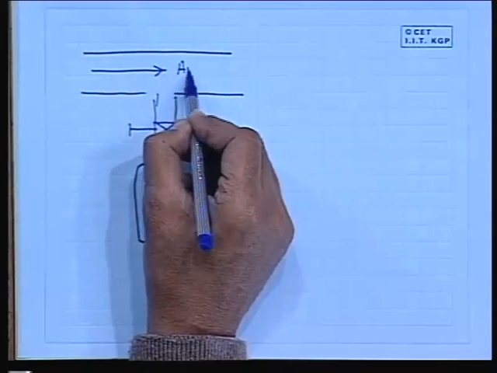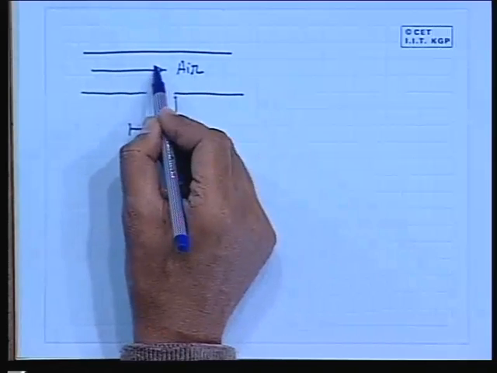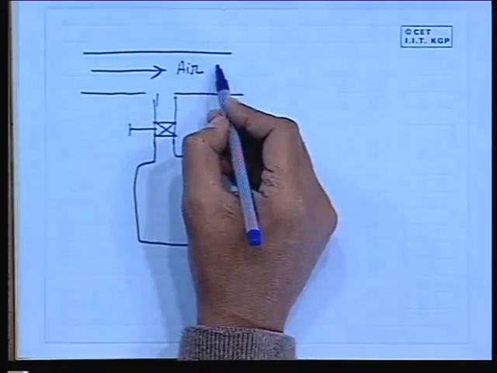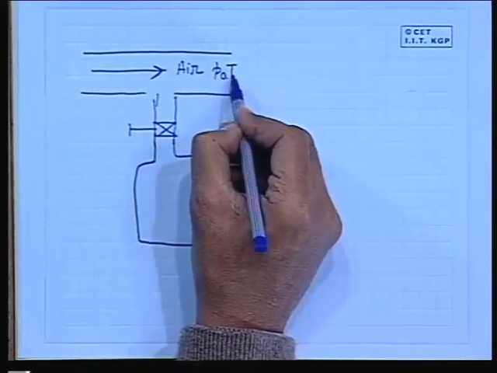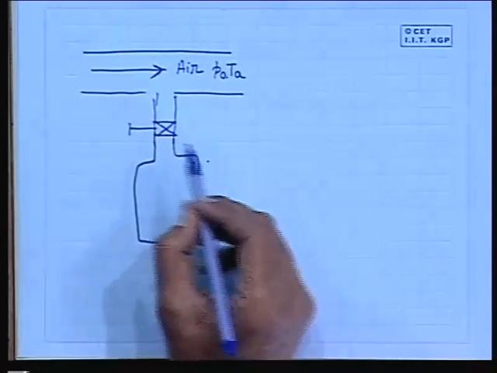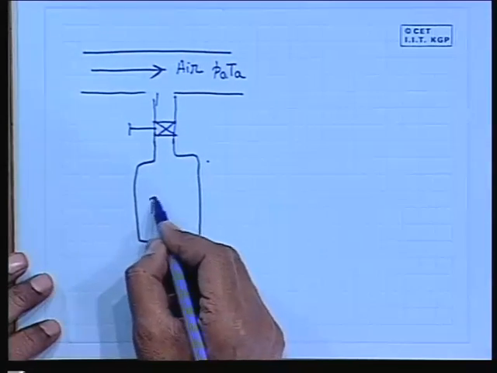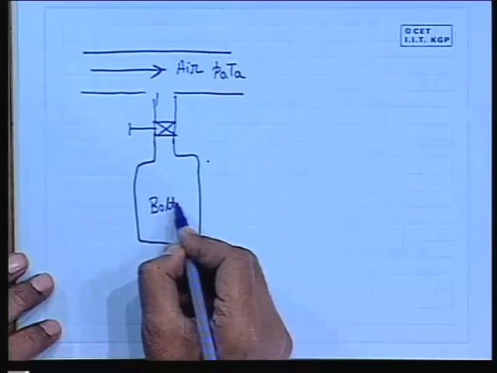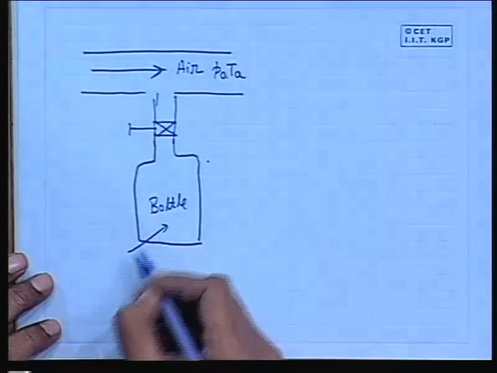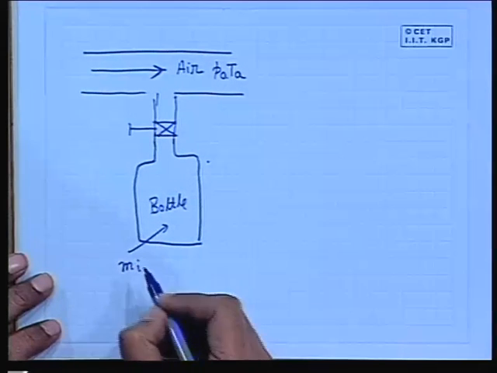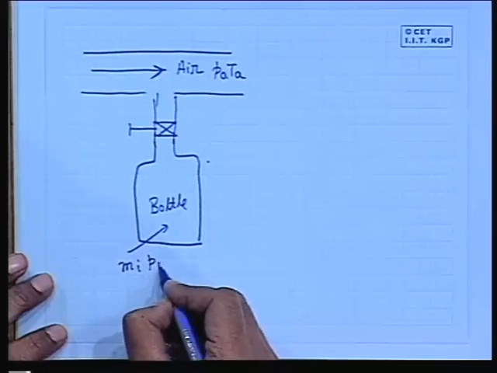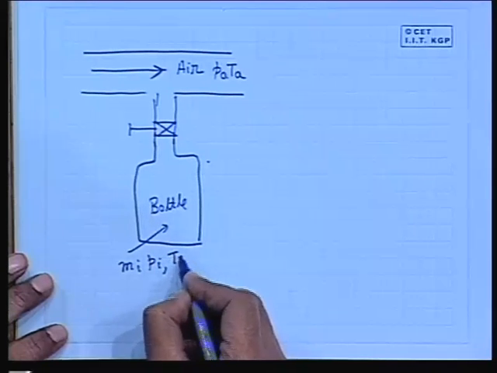This is a practical problem. There is a main pipeline through which air flows at a constant pressure Pa. This is the pressure and temperature of the air which is flowing. There is a valve and there is a bottle which contains initially a mass Mi, and its pressure is Pi, its temperature is Ti.